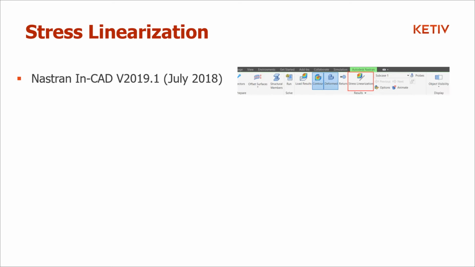In case you haven't installed it, then you can go into your desktop app, or you can go into your Autodesk portal, and you should be able to find the update there and install it. And if you haven't upgraded to 2019 just yet, then here's the reason to do so. This, by the way, I have to mention, is just one of the things that's new in the 2019.1 release. You have a few other new features as well that make In-CAD much more user-friendly and a lot easier to use now. So I would recommend going and exploring that as well.